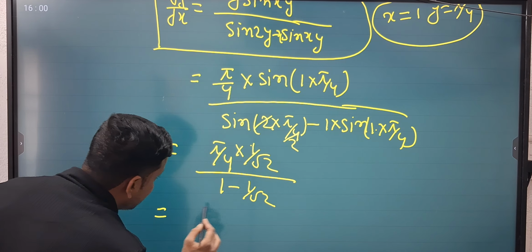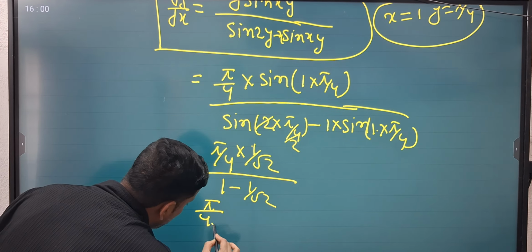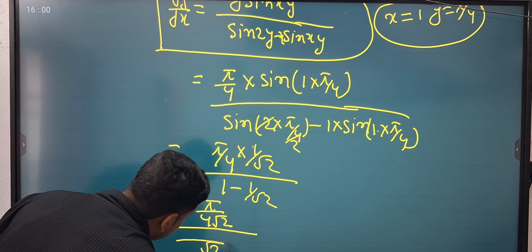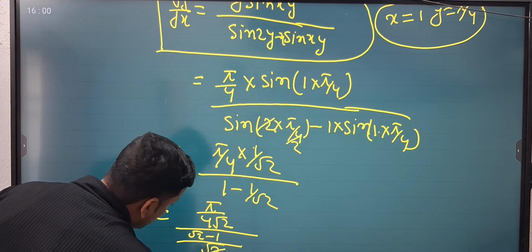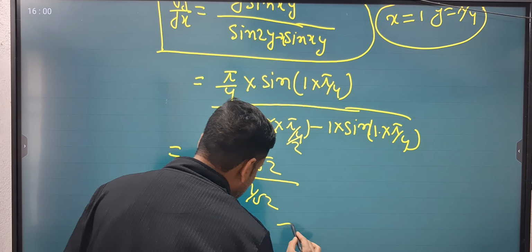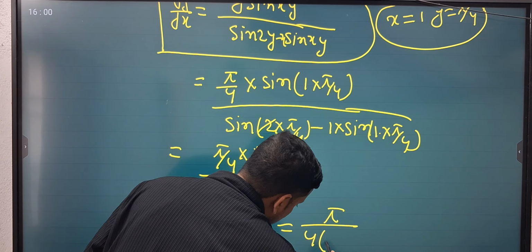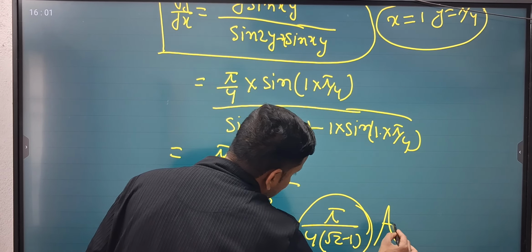If you take the LCM here, this will be pi by 4 root 2 in the numerator, and here, if you take the LCM, it will be root 2 minus 1, and this root 2 and this root 2 will be cancelled. So it will be pi by 4 times (root 2 minus 1), and this is the final answer for this question.